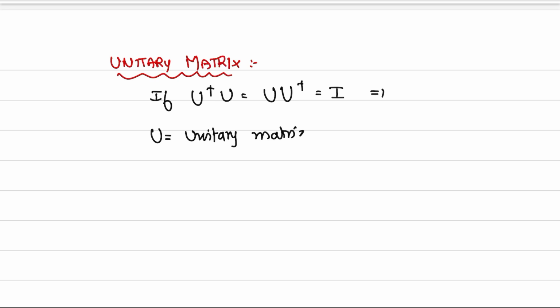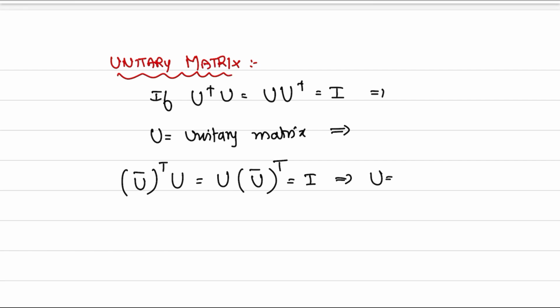If U conjugate transpose U is equal to U U conjugate transpose is equal to I, then U is a unitary matrix. Or else we can expand it this way: U conjugate transpose into U is equal to U into U conjugate transpose is equal to I, then U is a unitary matrix.